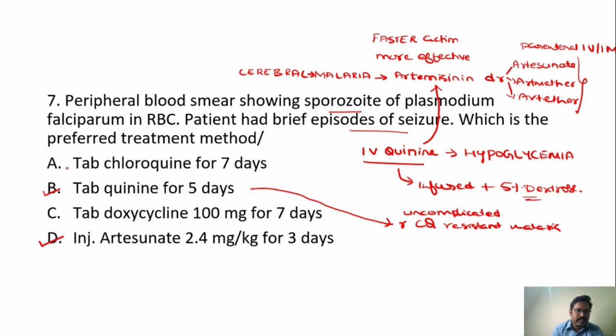As you know, chloroquine has already developed resistance in India, so you cannot use tablet chloroquine here. And doxycycline is used only along with other drugs. So you can use it in case of uncomplicated chloroquine resistant malaria along with quinine. It should not be used as a standalone drug.